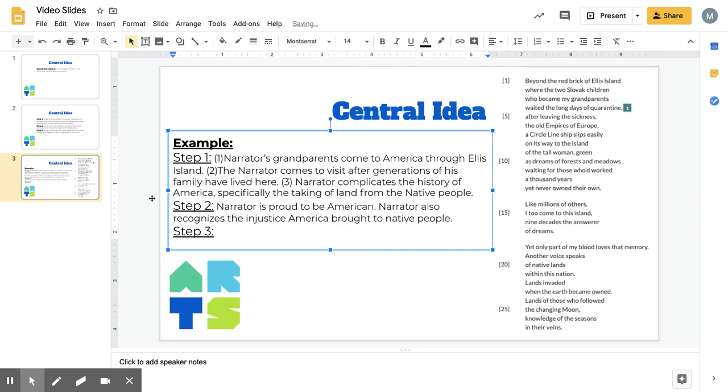I won't pretend that having it be a shorter poem doesn't make this easier. This can be challenging as the length of a text gets longer, but for the example here, we can say the narrator of this poem recognizes the complicated history of America and Americans and immigration.